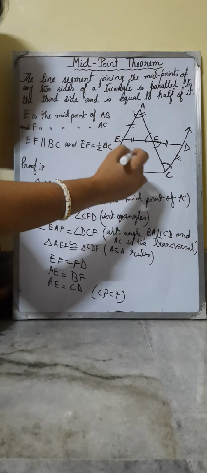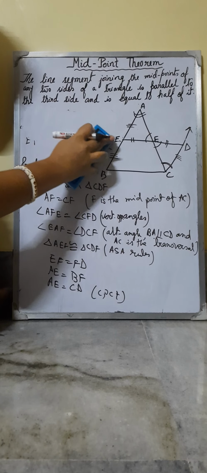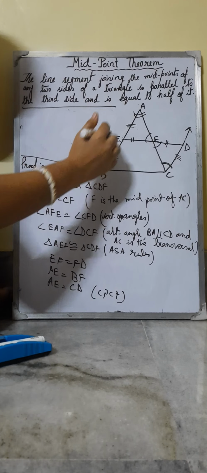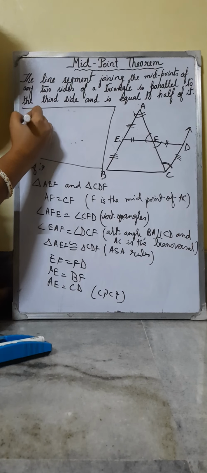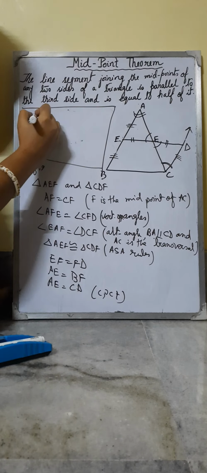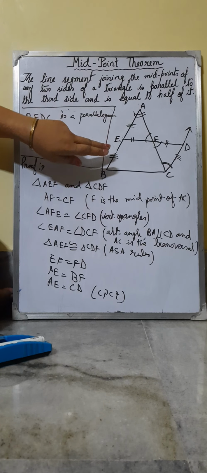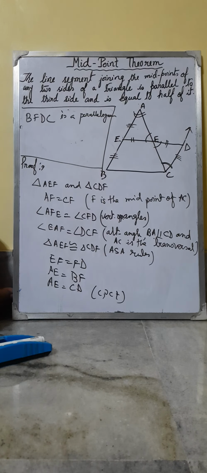So from this rule, I can say that BEDC is a parallelogram, right? Because CD is parallel to BA and CD is equal to BE.